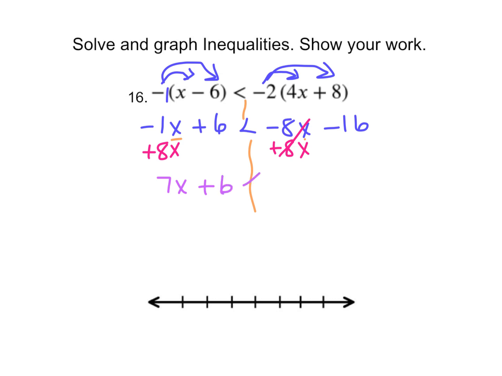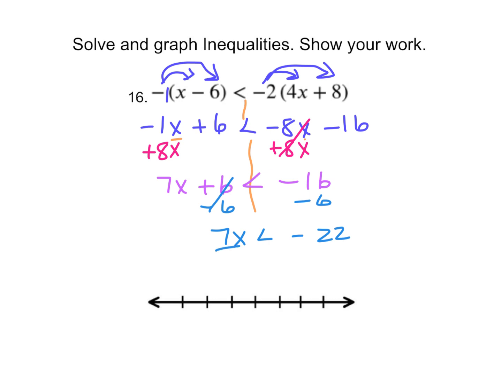And then I'm bringing everything else down. And now we have it into a 2-step equation. Subtract 6 on both sides. Negative 16 minus 6 is negative 22.